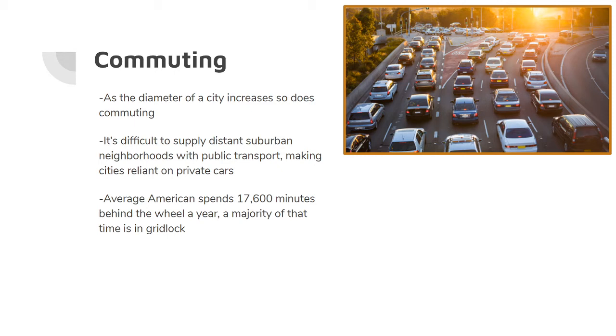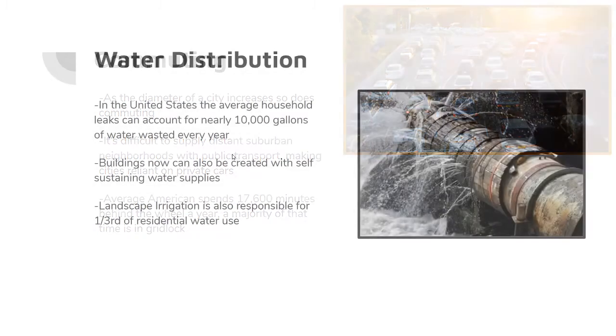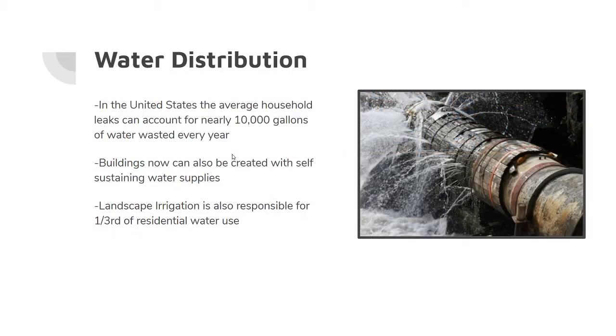Water distribution is another key aspect of urban sprawl, which also must be understood. As more suburban neighborhoods and communities are built, water must be pumped farther and farther distances to cater to such places. According to the EPA in the United States, average household leaks can amount to nearly 10,000 gallons of wasted water every year.